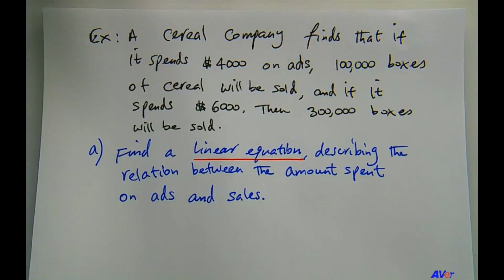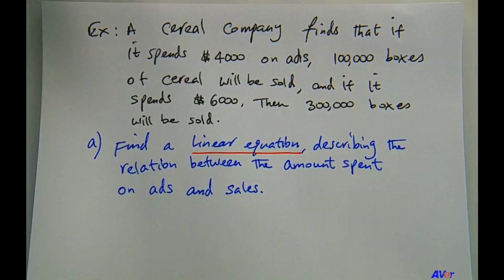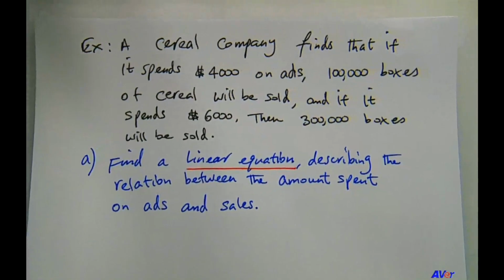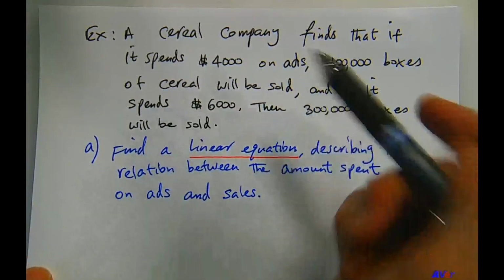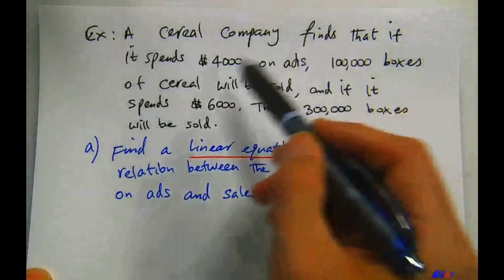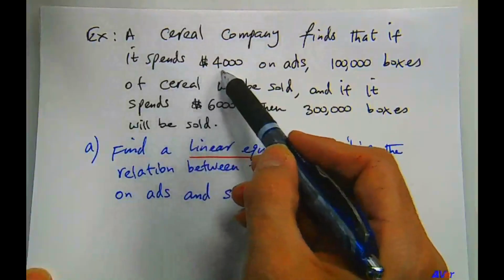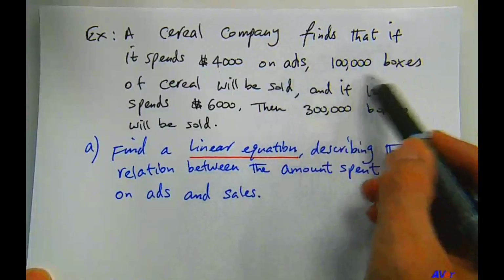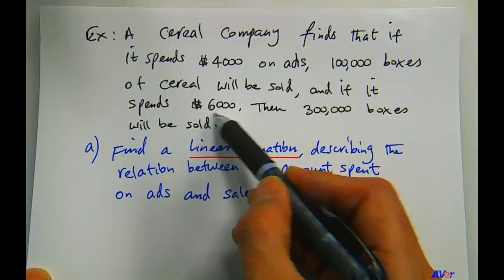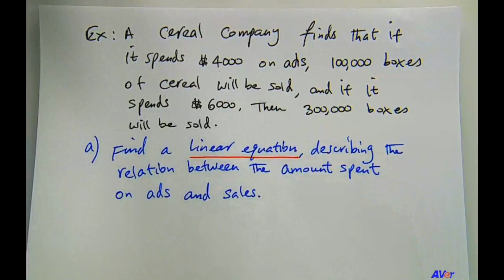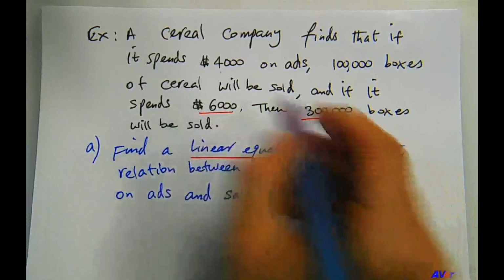Okay, so I'm assuming that you've done that, and now you're back with your solution already in front of you. Great. Okay, so if we read the problem from the beginning, it seems that when the company spends $4,000 on ads, these many boxes are sold. When they spend $6,000 on ads, then $300,000 is sold.